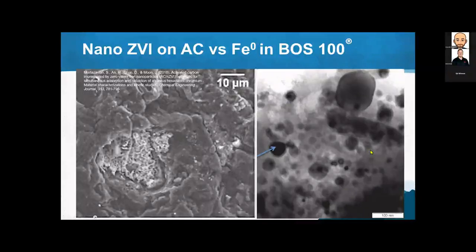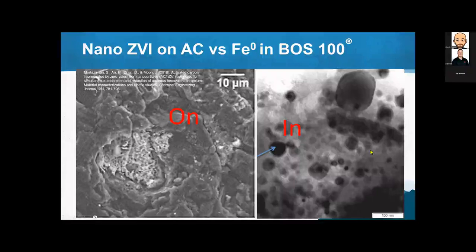Now, I need to make this point: if you look at the picture on the right, this is about as good as you can get. You have a zero-valent nano iron that is on the activated carbon. That is not what BOS 100 is. It is actually in, and this picture is showing you the iron within the carbon.